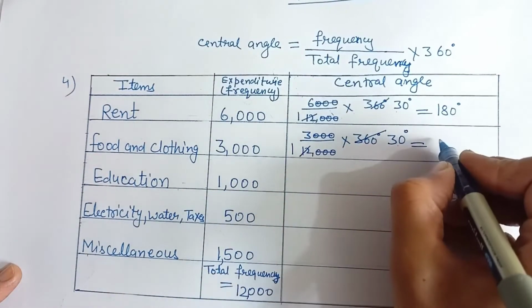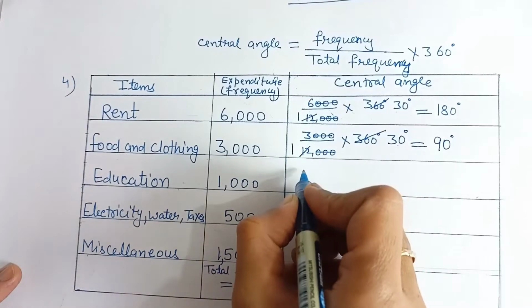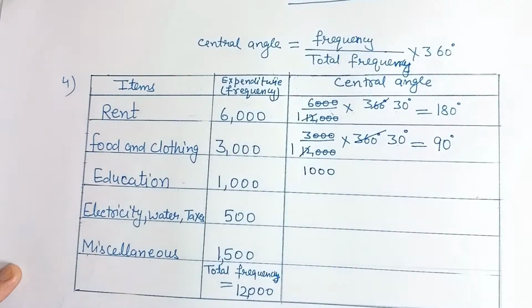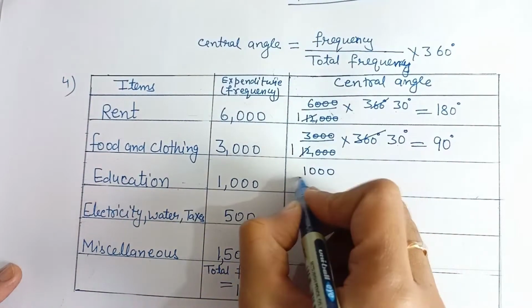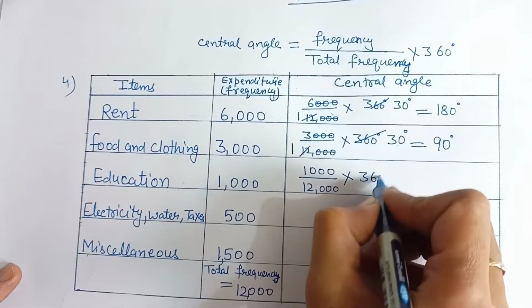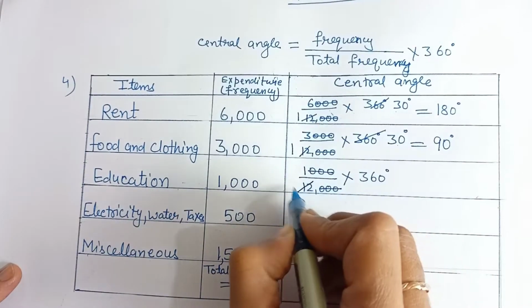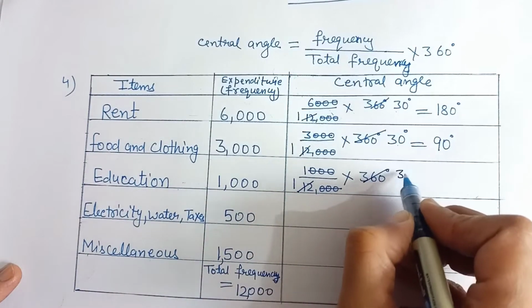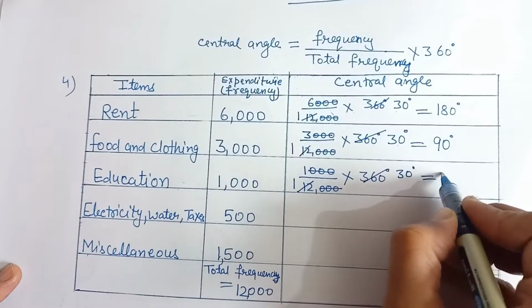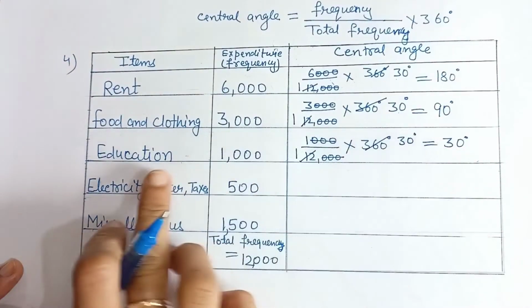Now 3 threes are 9, 90 degree. For education, frequency is 1,000, total frequency 12,000 multiplied by 360 degree. So 30 cancelled with 30, 12 ones are 12, 12 threes are 36, or 30 degree. So 30 degree is the central angle for education.